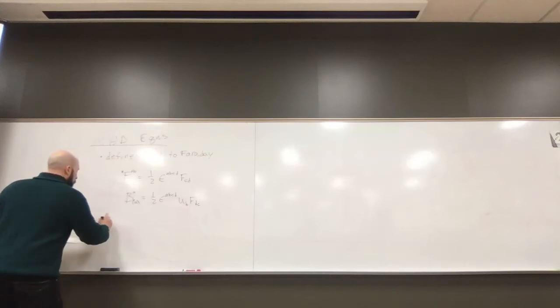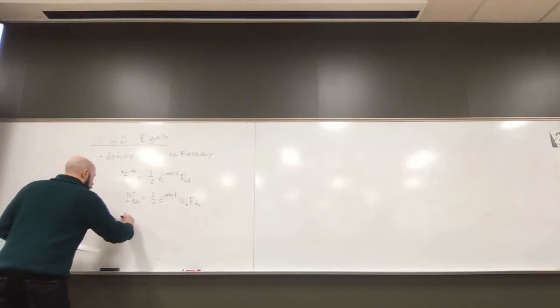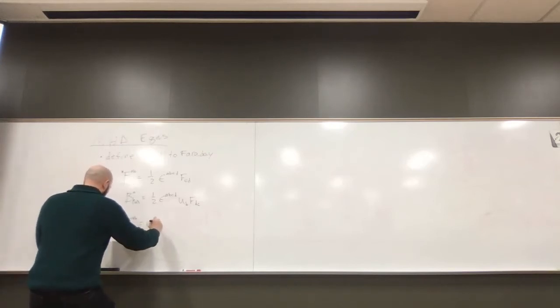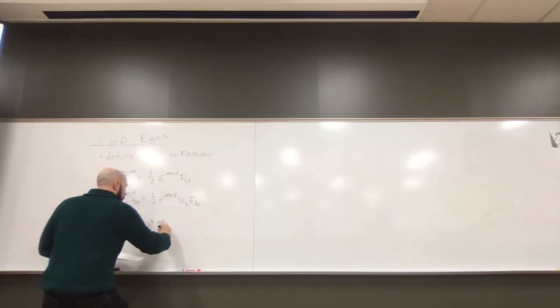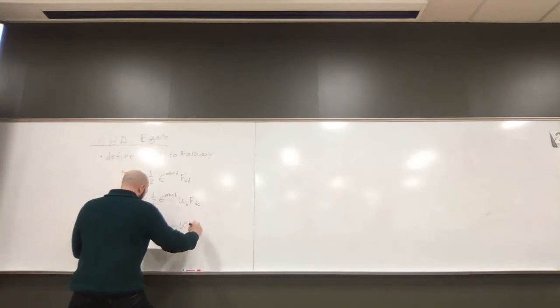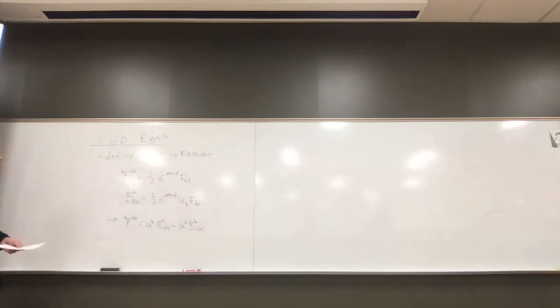With that definition, we can turn this dual, F star AB, into the following. That's going to be equal to UB BA in the co-moving, minus UA BB in the co-moving. Like that. Right? Easy peasy.